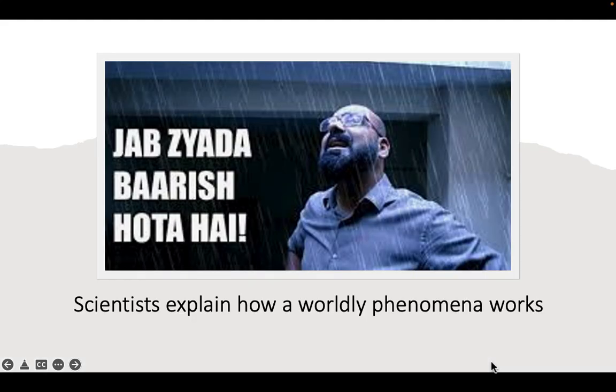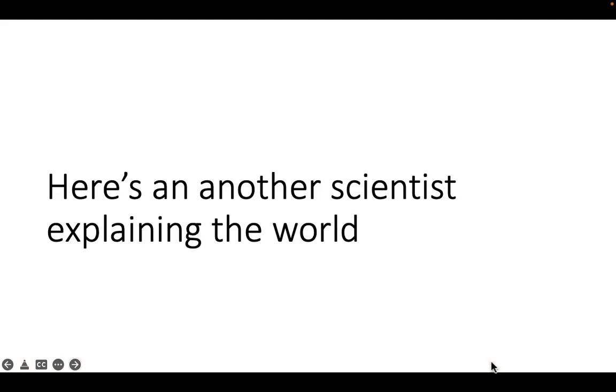So what we're basically trying to do is explain how the world works. What you see over here is an example of a scientist trying to explain how the world works. Here's another example of a scientist explaining how the world works.